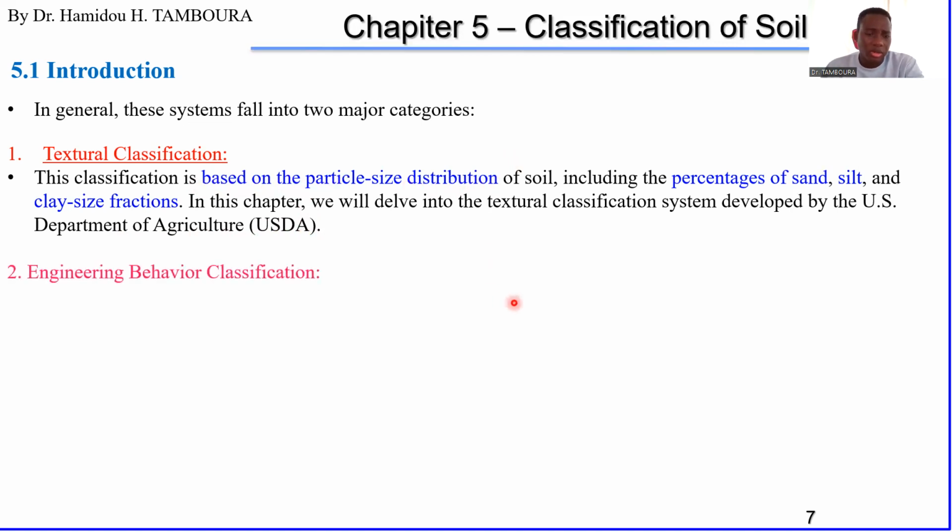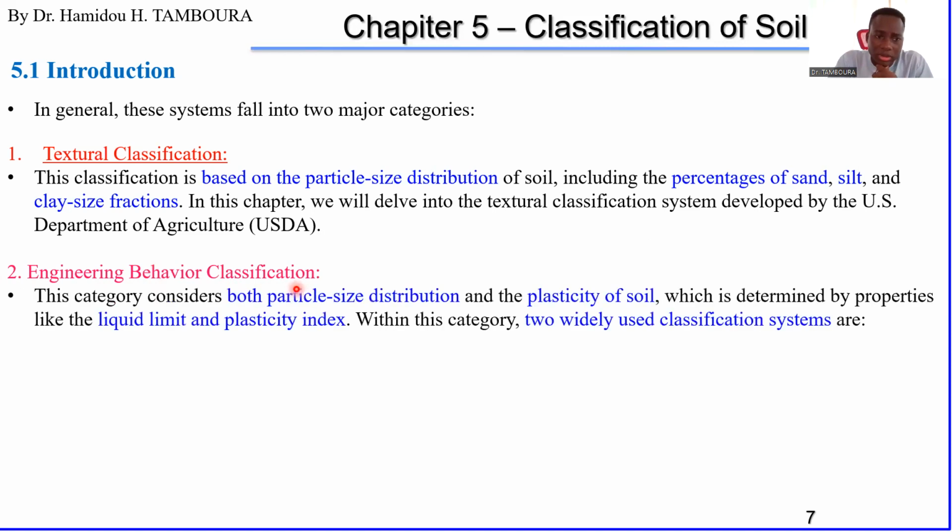The other one is the geotechnical engineering behavior classification. These are based on the behavior of the soil. This category considers not only particle size distribution but also the plasticity of the soil.